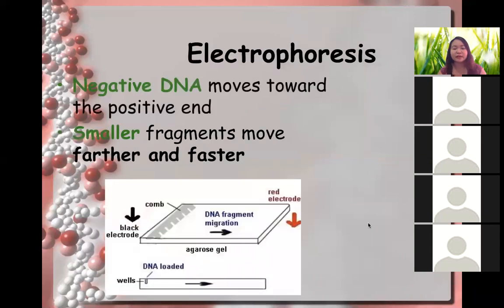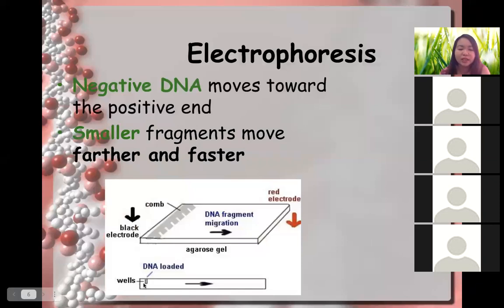In electrophoresis, the negative DNA moves towards the positive end. This is the gel that is used in electrophoresis. Since it is negative, it will move towards the positive end, the red electrode and the black electrode.